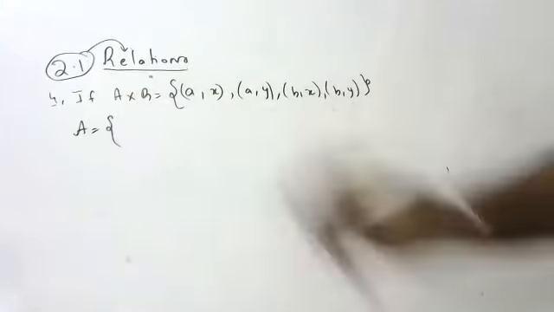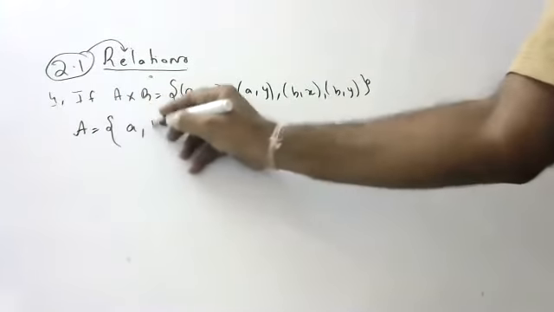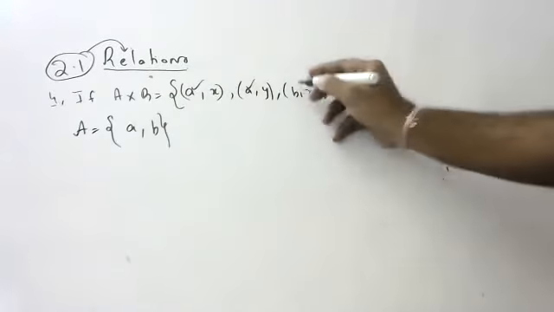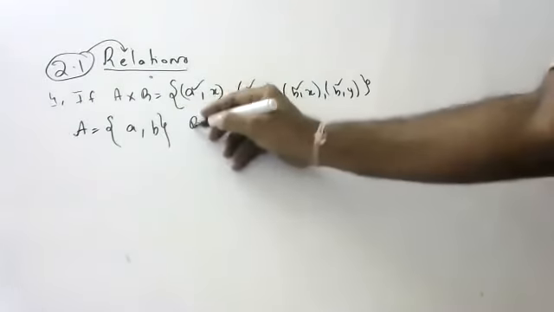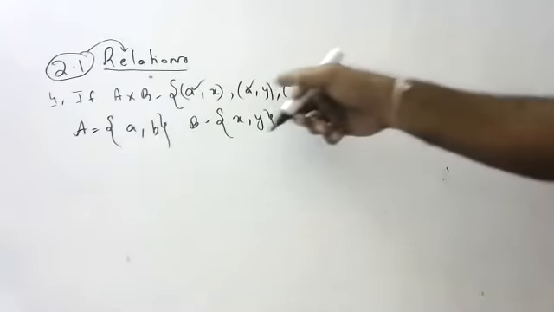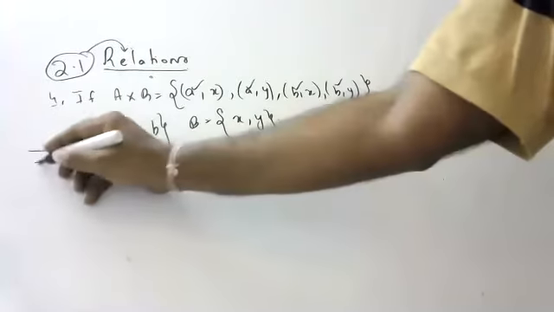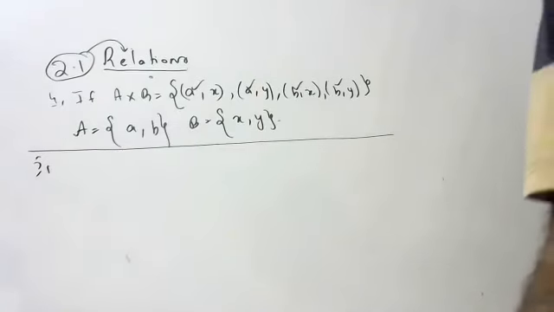A is {a, b}. What is B? B is {x, y}. That's all, children. You understood, I think. Very good. Next question, children, the fifth question.